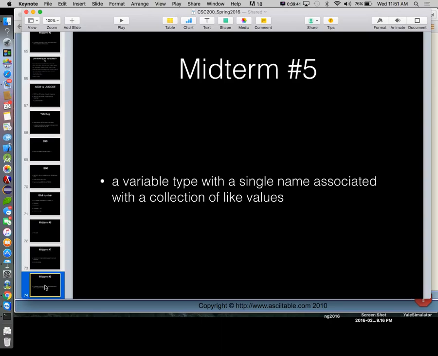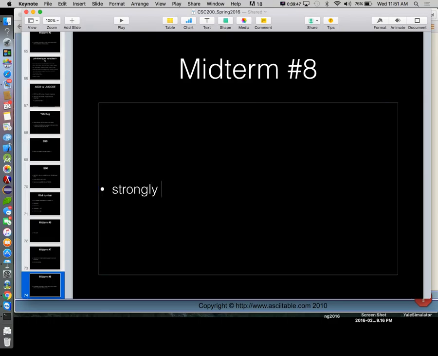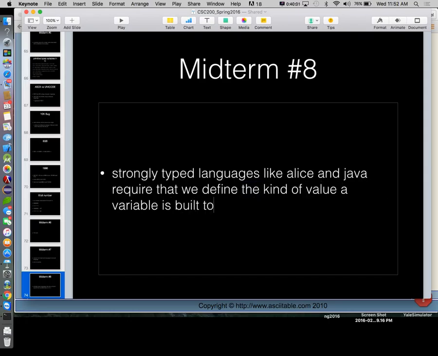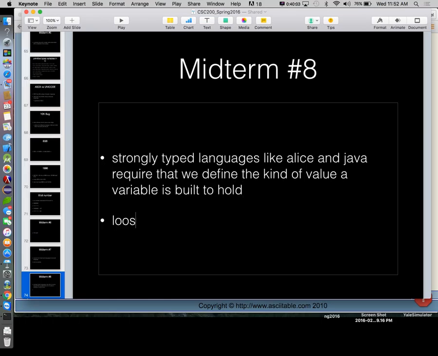Number 8, what is the difference between a strongly typed and a loosely typed language? Strongly typed languages like Alice and Java require that we define the kind of value a variable is built to hold. Loosely typed languages do not.